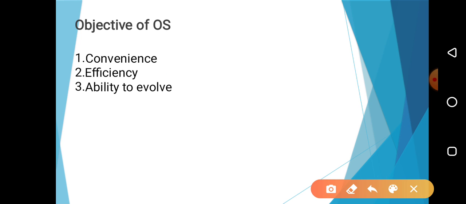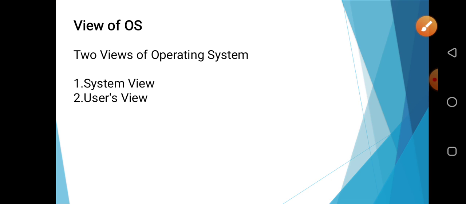Efficiency: we can efficiently use all the resources, whether software resources or hardware resources, attached to the computer system because of the OS. And the OS provides the platform so that you can easily upgrade or update your system. So these are the objectives of OS.